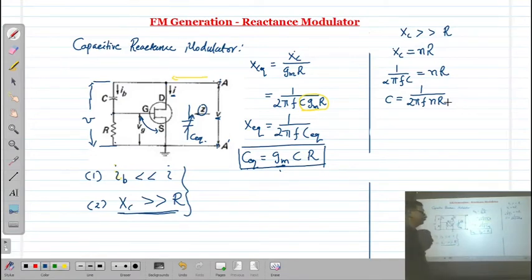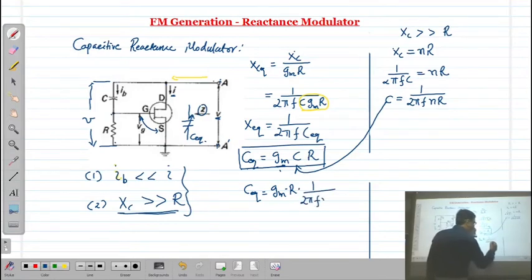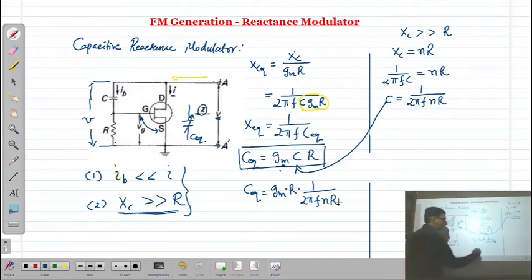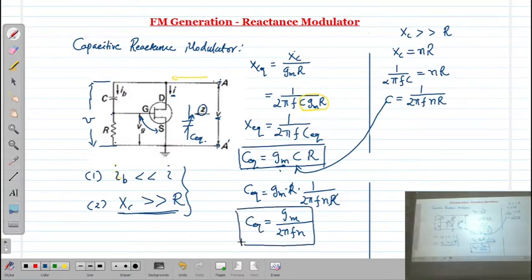And if I put this value of capacitor in this formula, then I can calculate the C equivalent. So the C equivalent will be equal to Gm into R into 1 upon 2 pi F n into R, and this R will be cancelled. We can say it is Gm upon 2 pi F into n. So here you can find out the value of the equivalent capacitance in terms of the reactance.